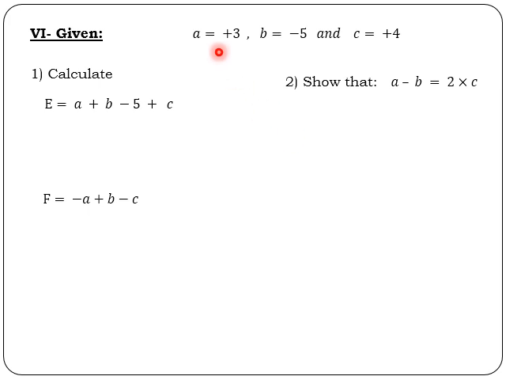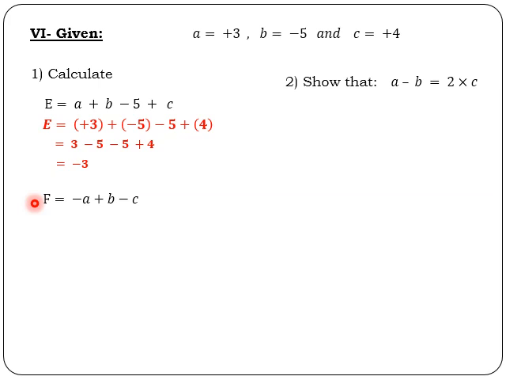Number 6, given A equal plus 3, B equal minus 5, and C equal plus 4. Calculate A plus B minus 5 plus C. Let's start by replacing each one by the number. Then get rid of the parentheses following the rule of signs. Here we have 3 minus 5 plus 4, so E equal minus 3.